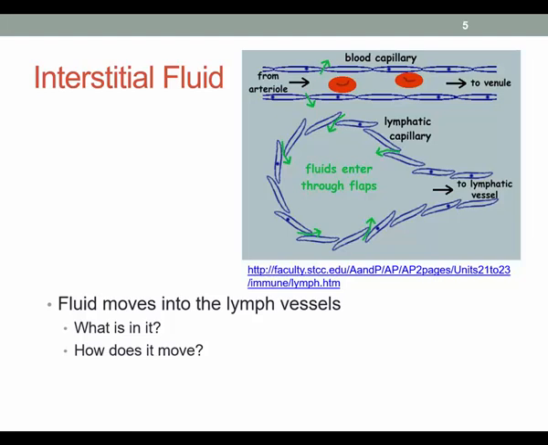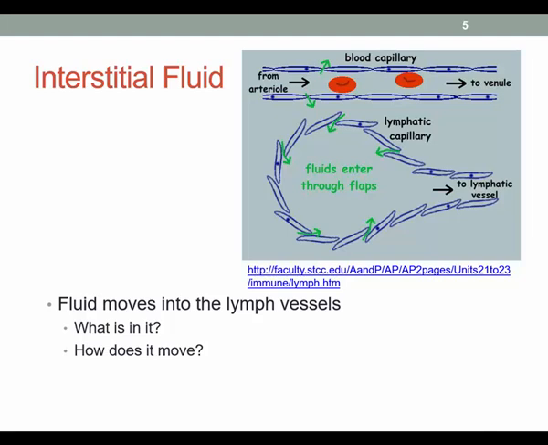Recall that from the previous module that we've gone over. And this is what becomes lymph fluid. This material is passively moved by the path of least resistance into the lymph capillaries. And there'll be a little animation on the next slide that shows this.